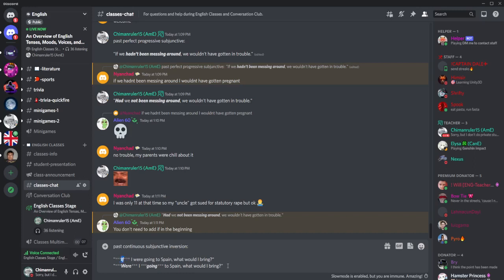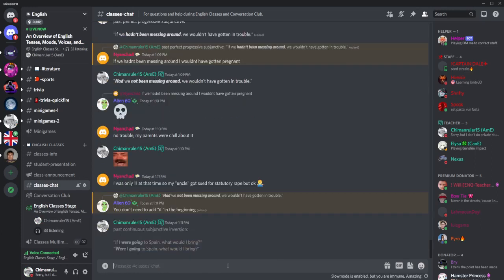Yeah, you can delete the if and put the verb at the front if you want. So you can actually invert here. You can delete the if and move the verb to the front, if you have a verb phrase, so like two or more words in the verb.